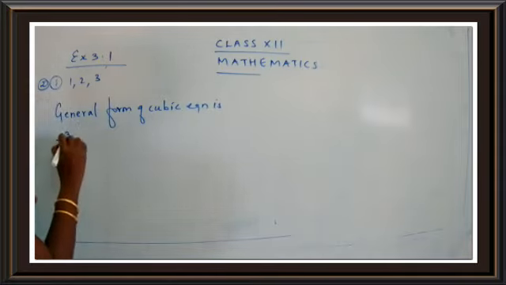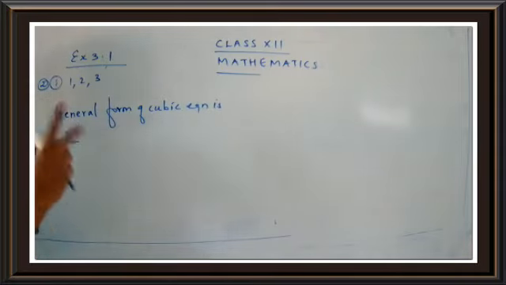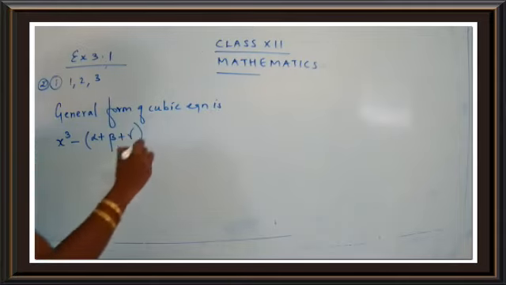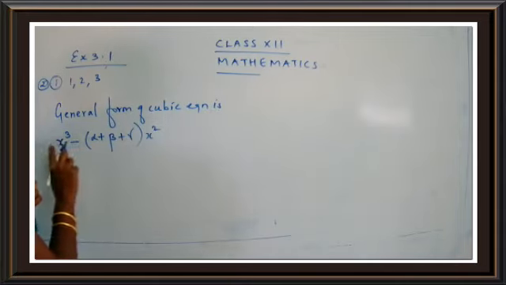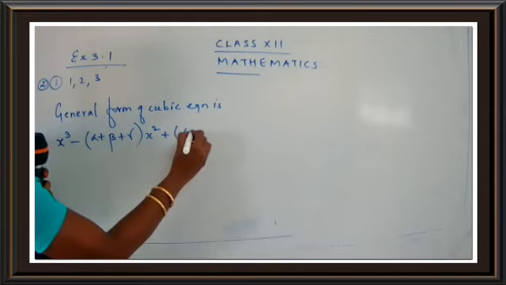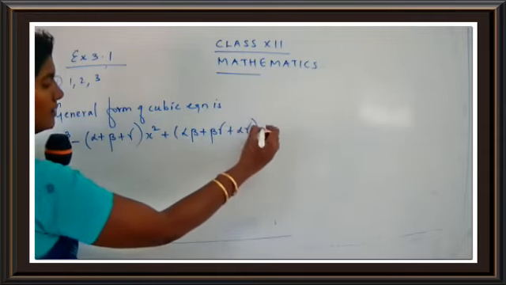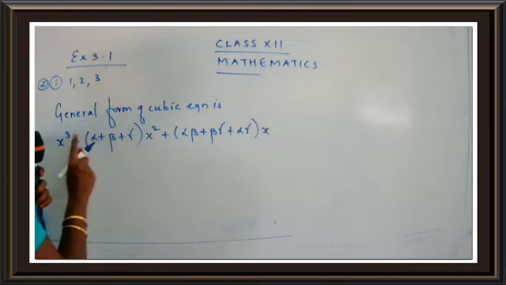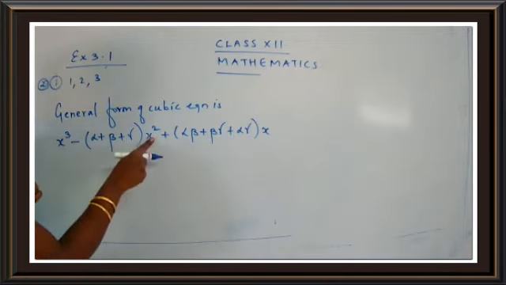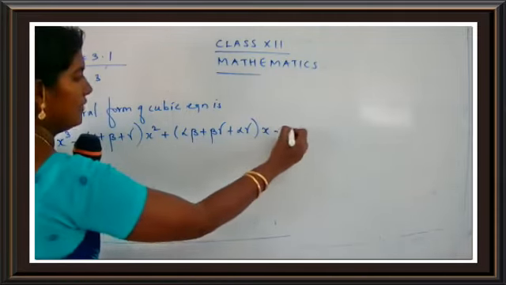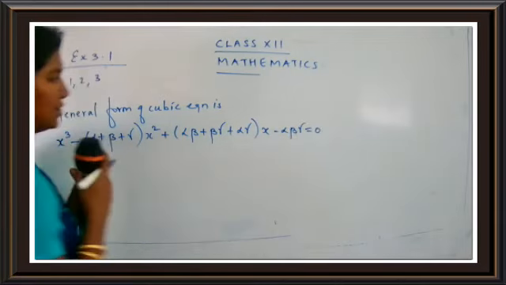Write on. x cube, plus minus plus minus, I'll go on changing the sign. x cube minus alpha plus beta plus gamma x square plus alpha beta plus beta gamma plus alpha gamma x, and the last constant term, minus alpha beta gamma, is equal to 0.